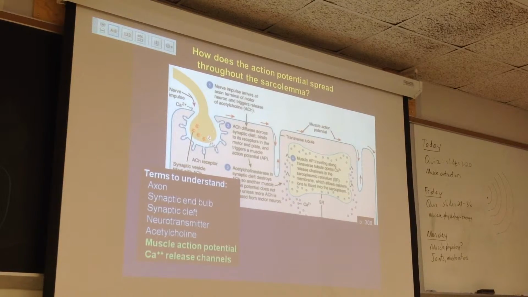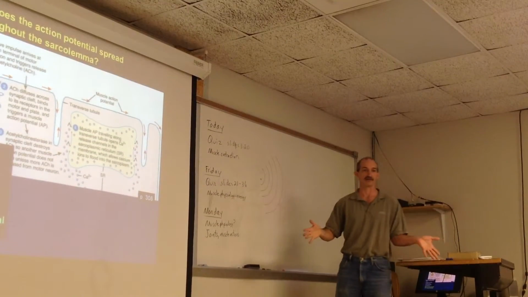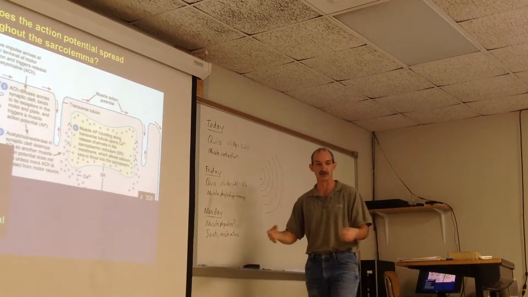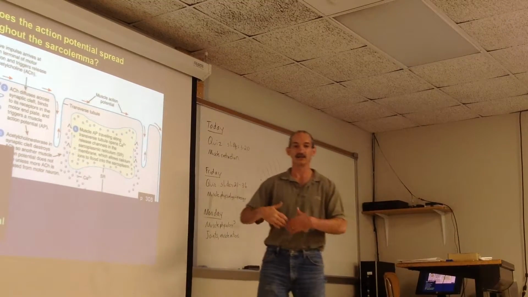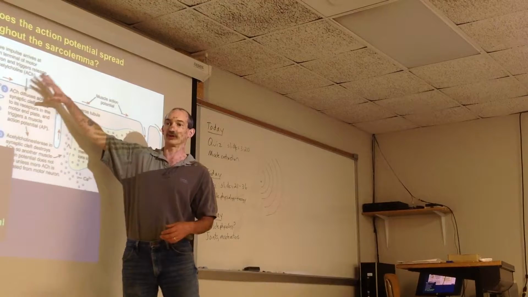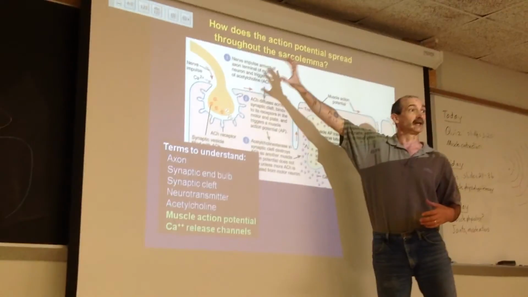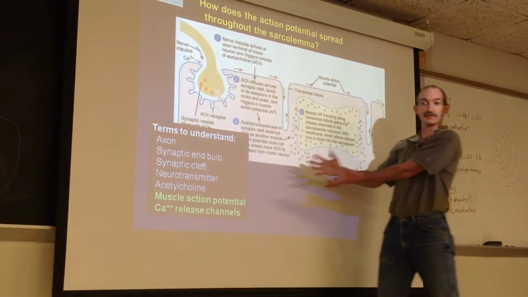The same thing happens for this muscle action potential, and it will automatically propagate from there. It requires no additional energy. It's triggered, and it just self-propagates over the whole surface and down deep in the T-tubules, so that events that occur at the surface get down deep as well.